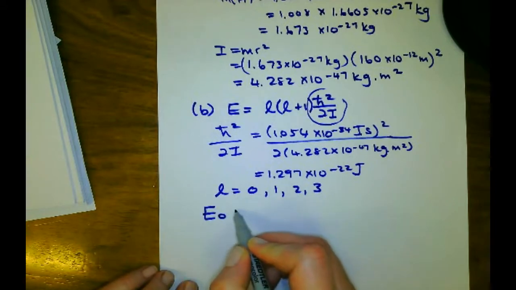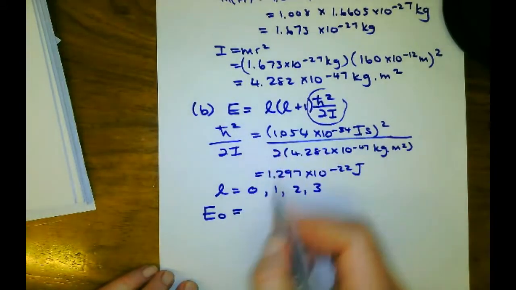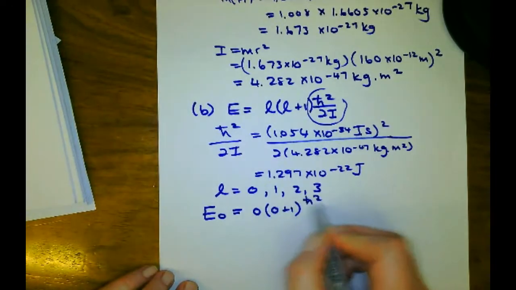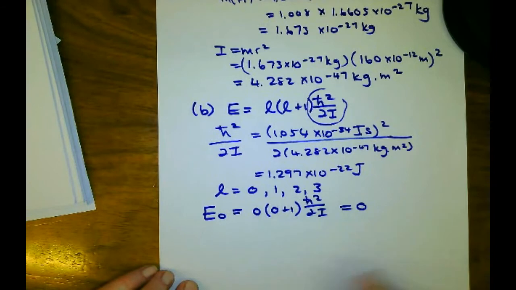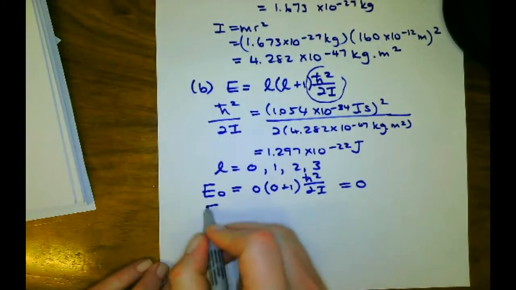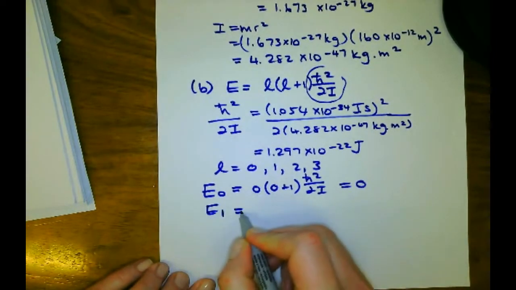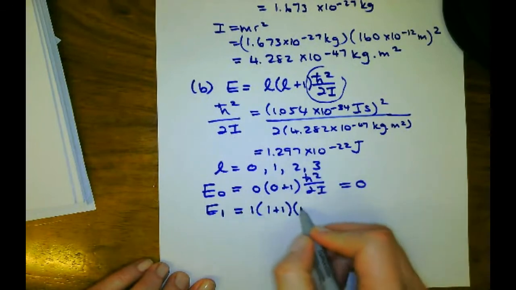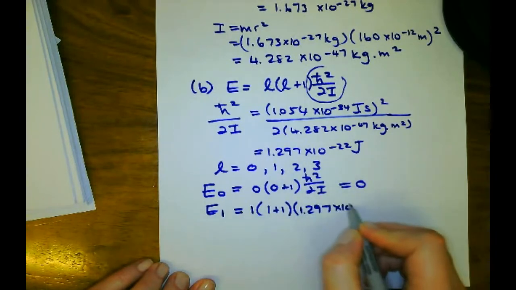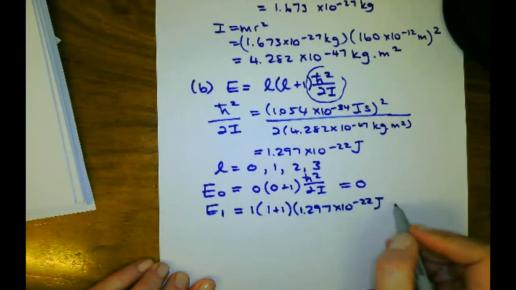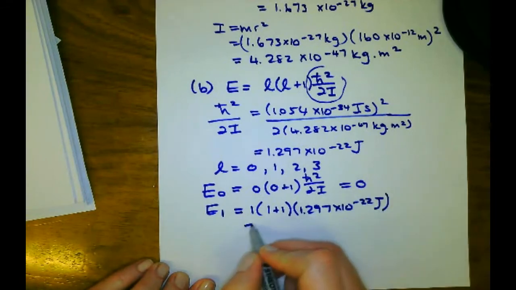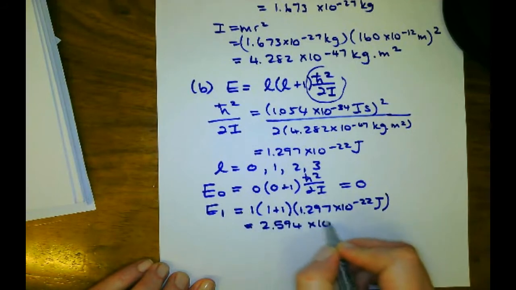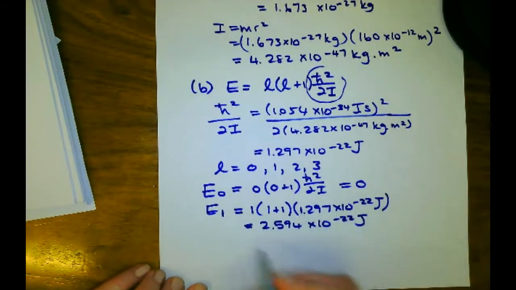So energy 0, L is 0 times 0 plus 1 times h bar squared over 2I is just 0. E1, 1 plus 1 times 1.297 times 10 to the minus 22 joule is equal to 2.594 times 10 to the minus 22 joule.